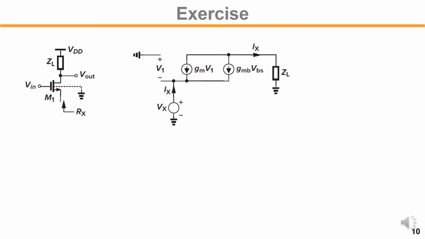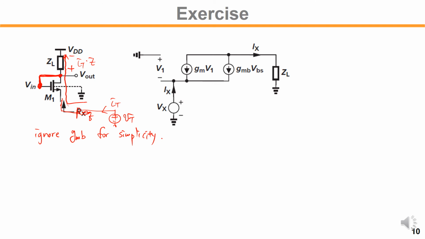In this exercise, let's say we connect the gate to the drain, so we make a diode connection. Let's ignore GMB for simplicity. Then if you want to find the equivalent resistance here, we apply the VT and IT there. So IT coming in through this device, this output voltage will be IT times GL, right?